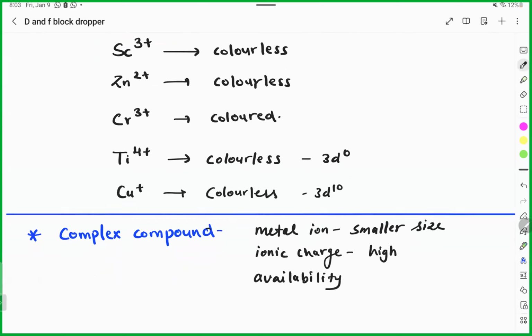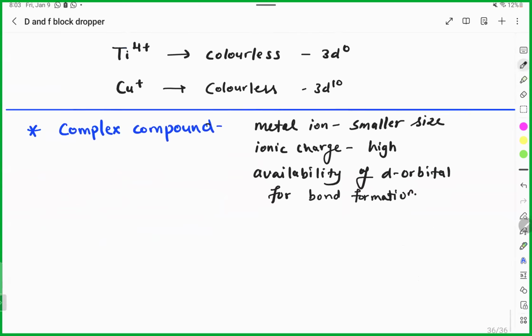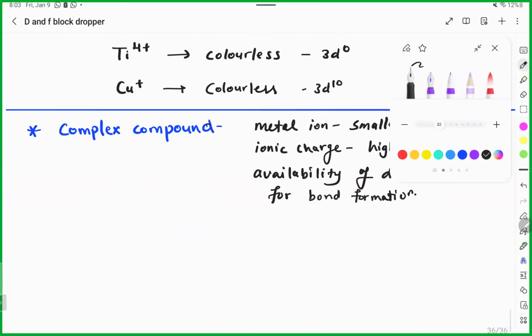So you have d orbitals available for bond formation. So what will happen? Bond will form. Which bond? Coordination bond. Correct? Coordination bond will form. So this is the main reason why, and that is more than enough.